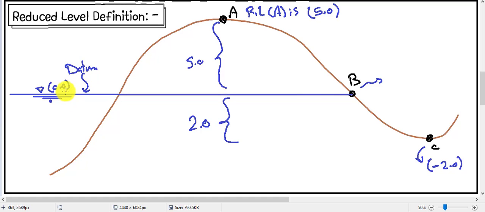The reduced level of datum is 0. So here the reduced level of point B is 0 and we put it between two brackets. So the reduced level definition is the vertical height between the point and the datum. If the vertical height is above sea level, it will be positive. If the vertical height is below sea level, it will be negative. And if the vertical height is 0, it means it is located on the sea level.